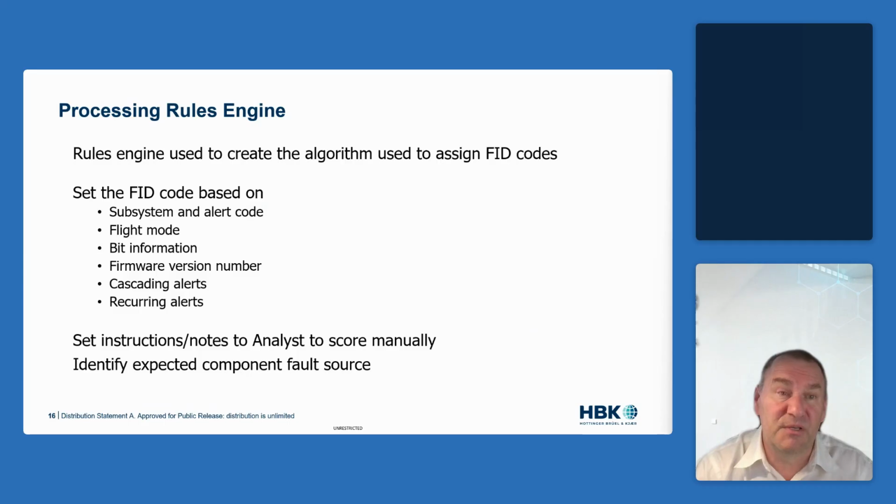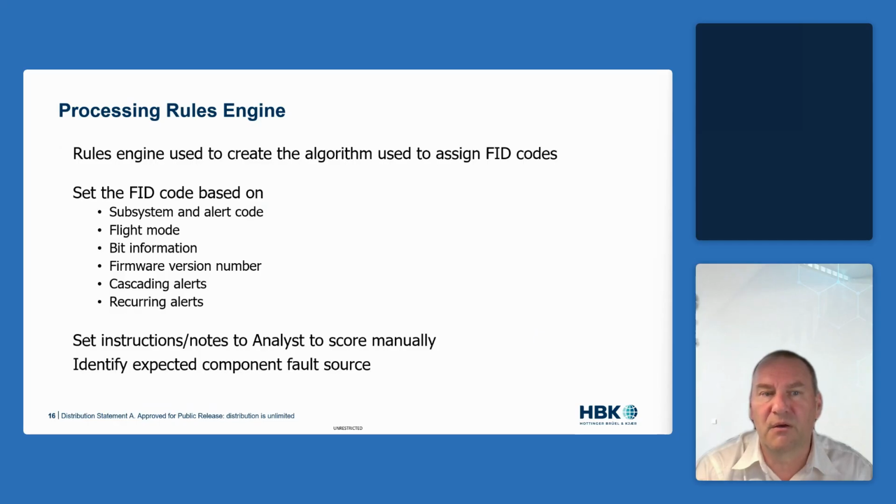Now, to help us do this, we built a processing rules engine, which allows the users to basically say, here's the subsystem and the alert code that we have. This is how we score it. By known experience or whatever, this is how we would score it. And we put together these processing rules to basically look through that data and help understand what's there.